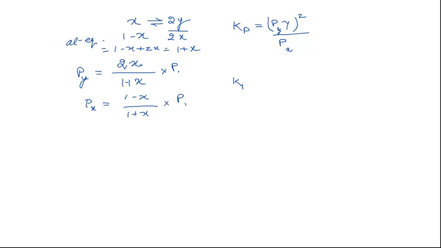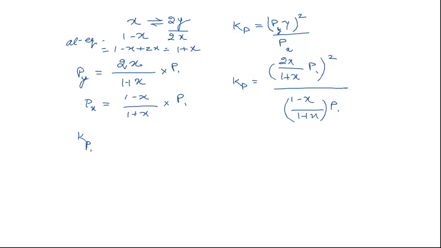Now, Kp will be equal to 2x by 1 plus x into P1, the whole square, divided by 1 minus x by 1 plus x into P1.